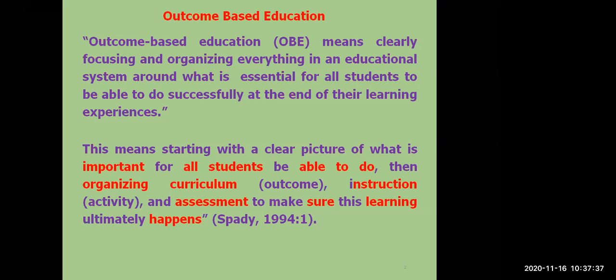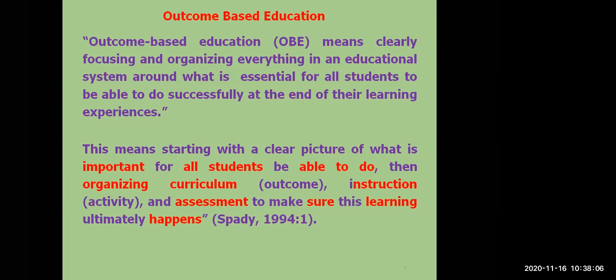Right? When we start, we know what is to be done, what my students will be able to do after 4 years. The students also know what they are expected to do, and the teacher also knows. This means starting with a clear picture of what is important for our students to be able to do. Then organizing the curriculum.